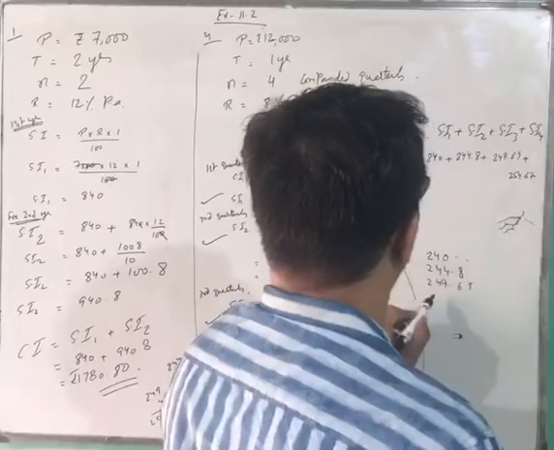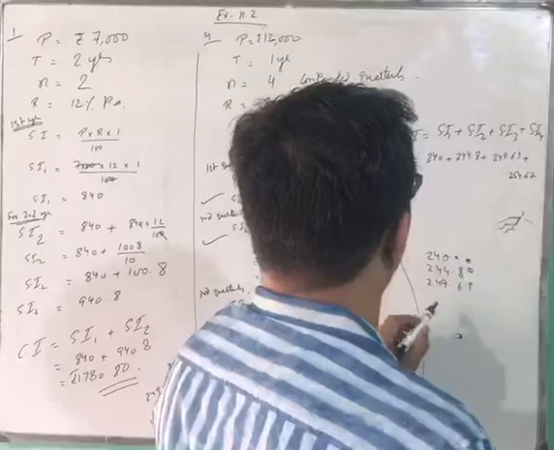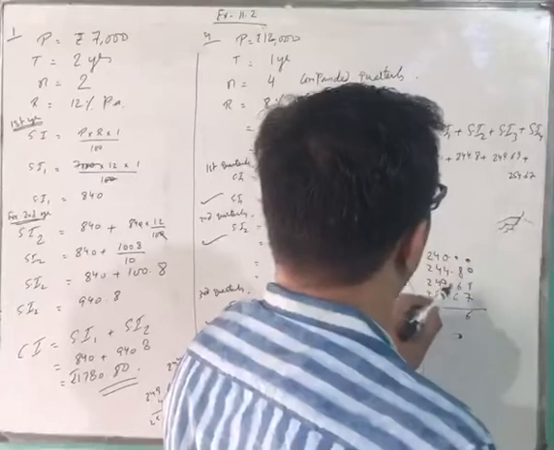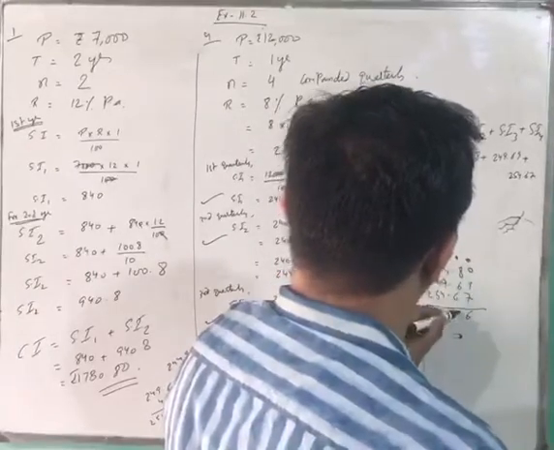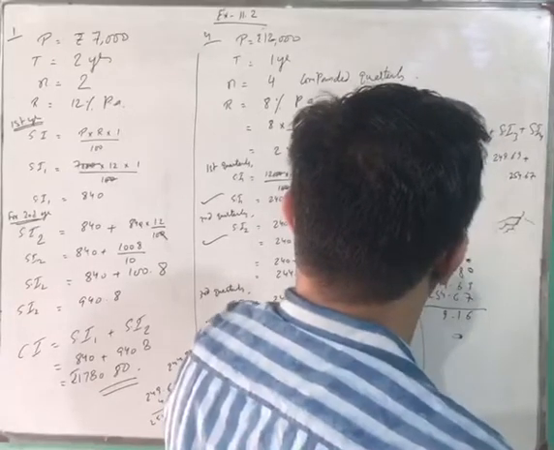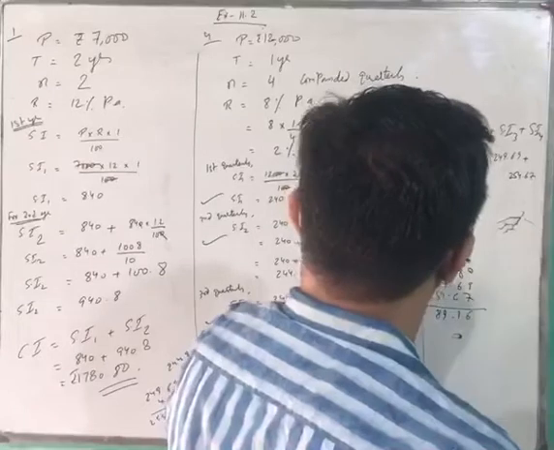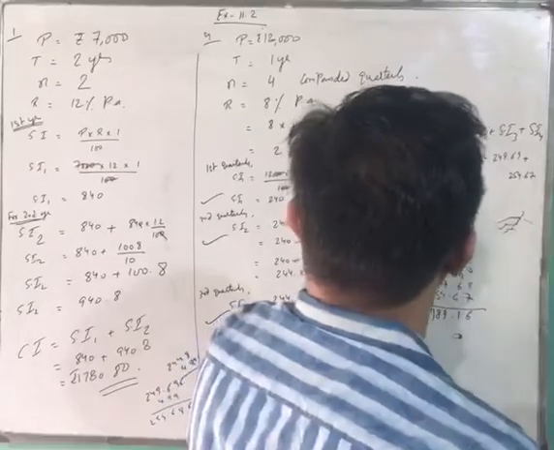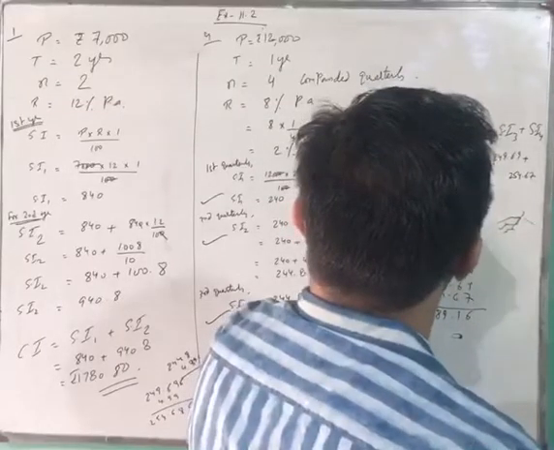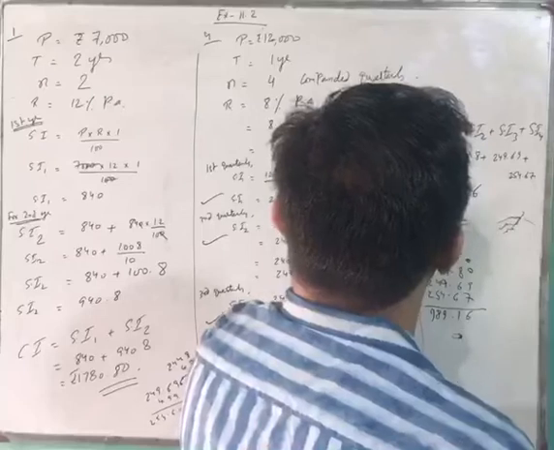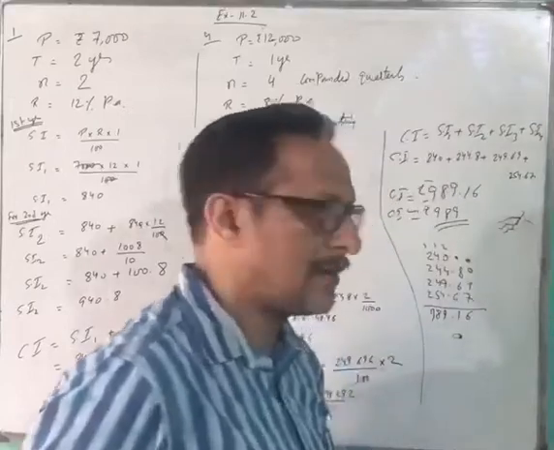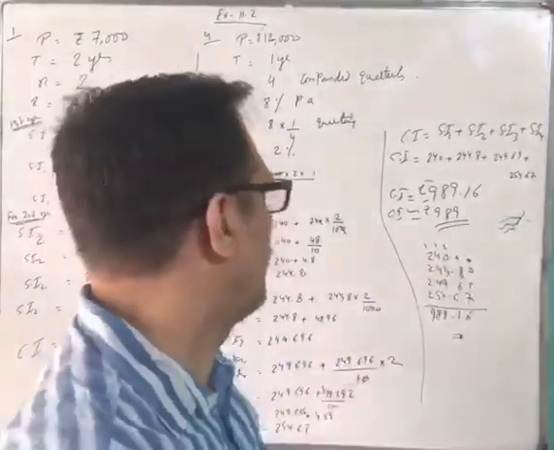Now you sum them up, and your compound interest is approximately 918 rupees. In this way you have to find it out.